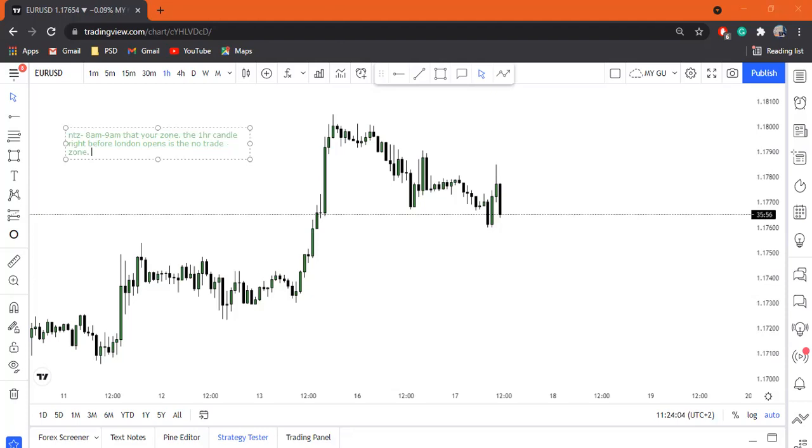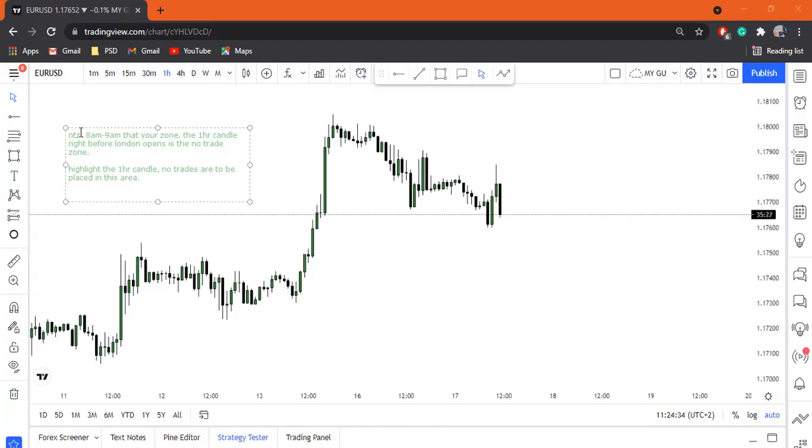All right, so you need to highlight this area, the 1 hour candle, right? No trades are to be placed in this area. You cannot place any trade in that area, you need to wait.